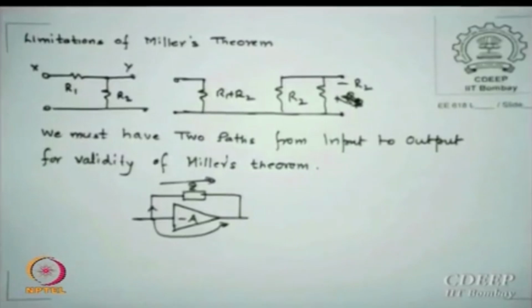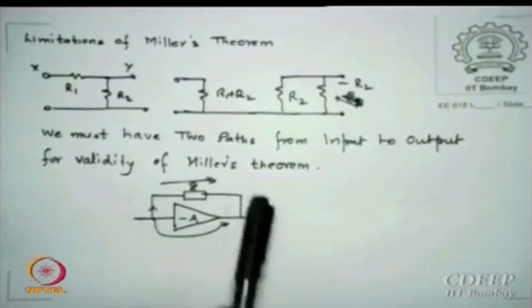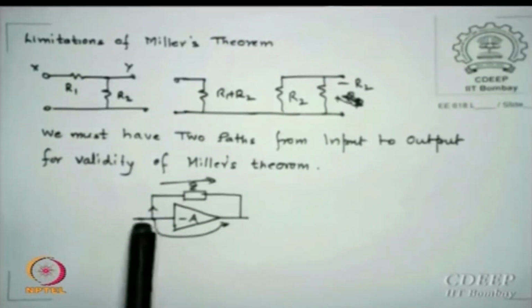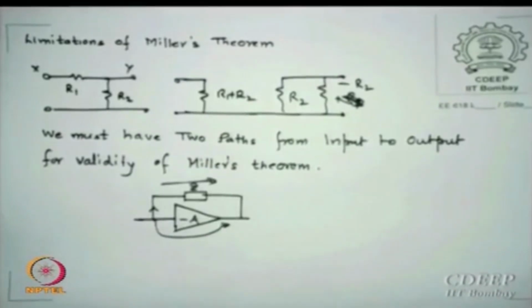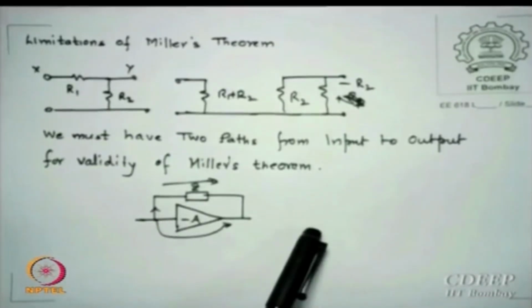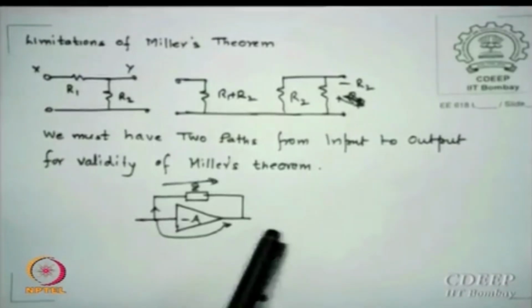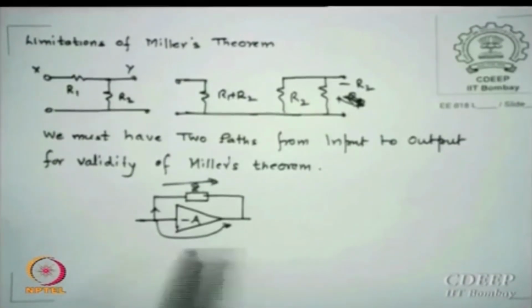So if you have a normal amplifier, you have a feedback resistor here, the amplifier itself is one path. Is that correct? Through this the input will go to the output. The signal goes from input to the output through the amplifier, gm vgs is transferring.